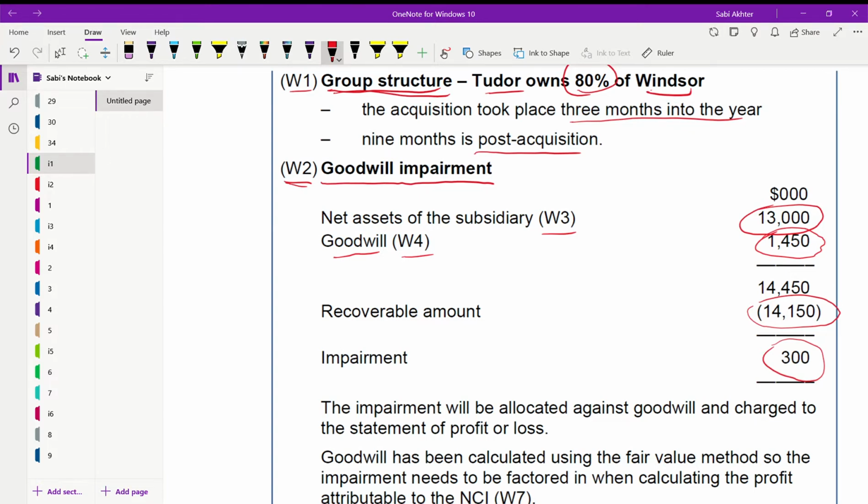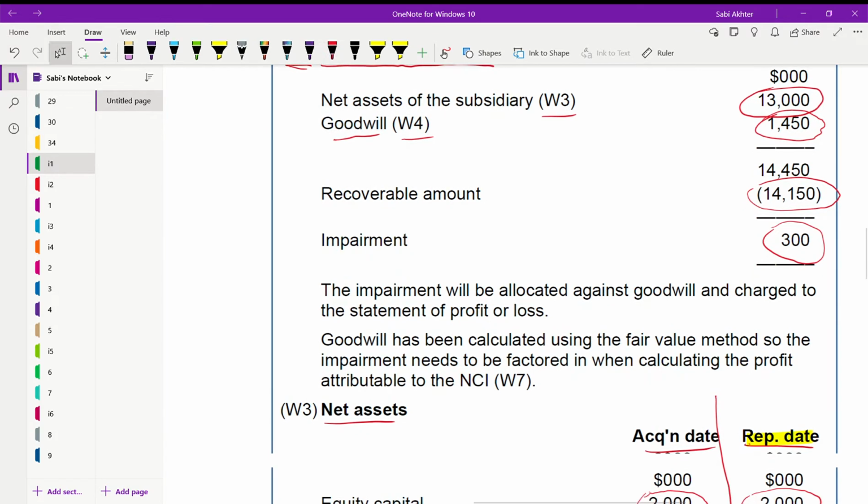And remember, you have to decide how much of the impairment will go to the NCI and how much for the group, the parent. Why? We have used the full goodwill method, the fair value method of NCI. So this needs to be factored in when calculating the profit which is attributable to the NCI, working 7. You have to take that impairment.